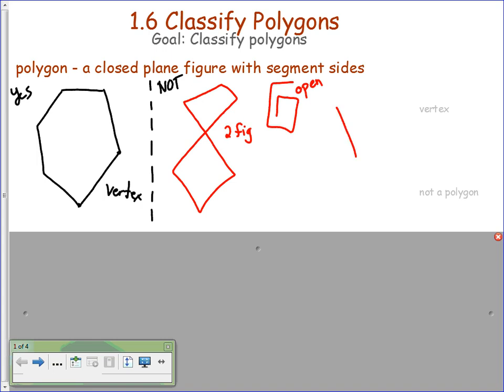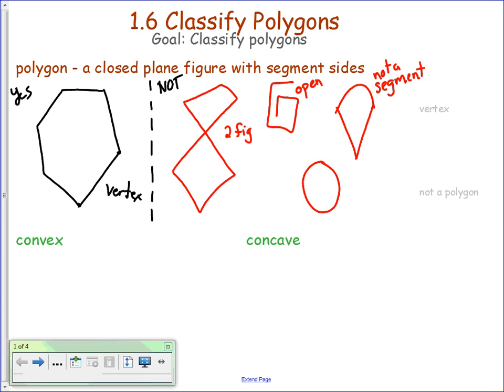Something that looks like an ice cream cone. Sorry, but the rounded part is not a segment. Circles. No straight sides there either, so circles are also not a polygon.